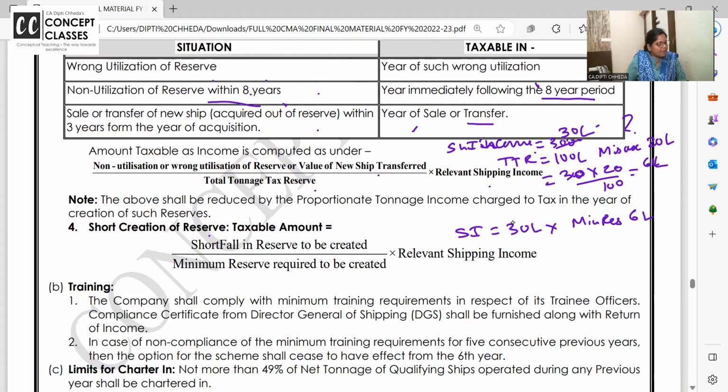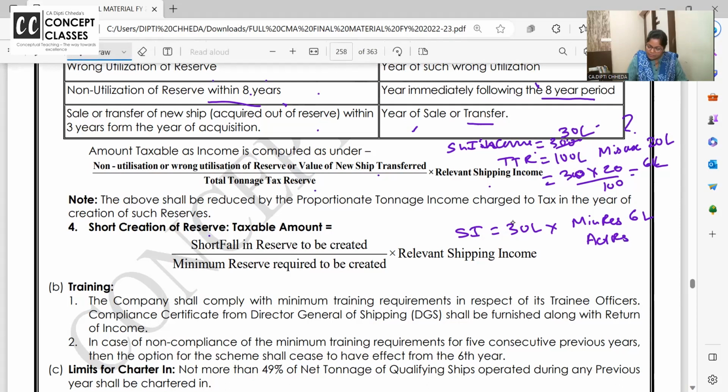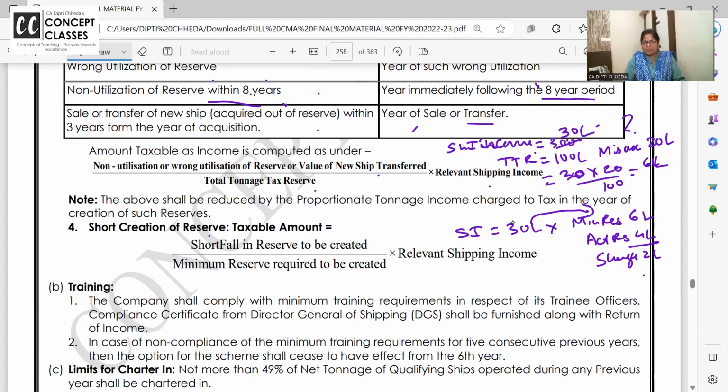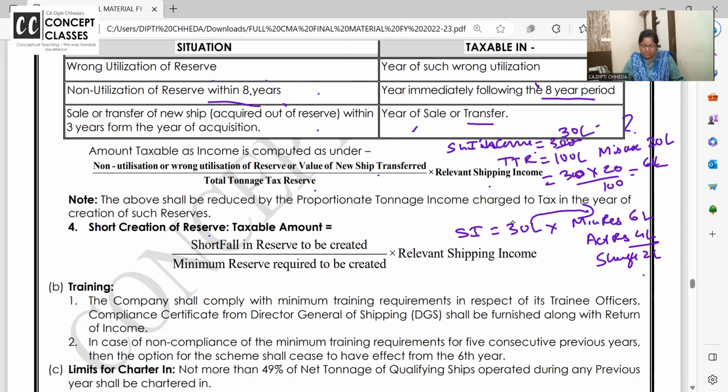But you made an actual reserve of only 4 lakhs. How much is the shortfall? 2 lakhs. कम से कम 20% of your income you have to put in reserve, 6 lakhs, but you have put only 4 lakhs. So the shortfall, 2 lakhs, will become taxable.